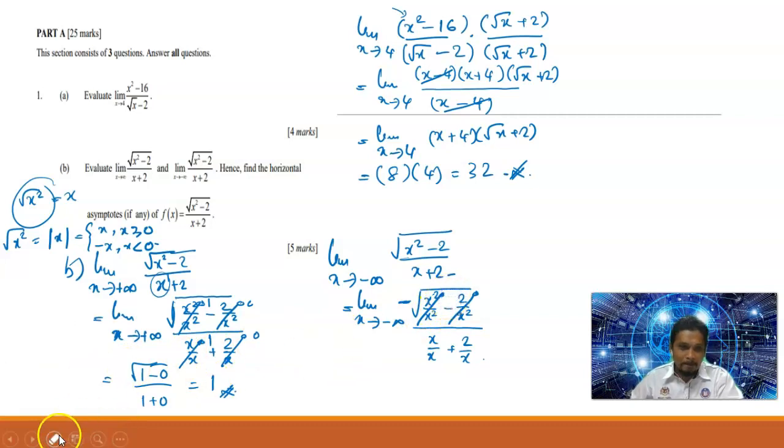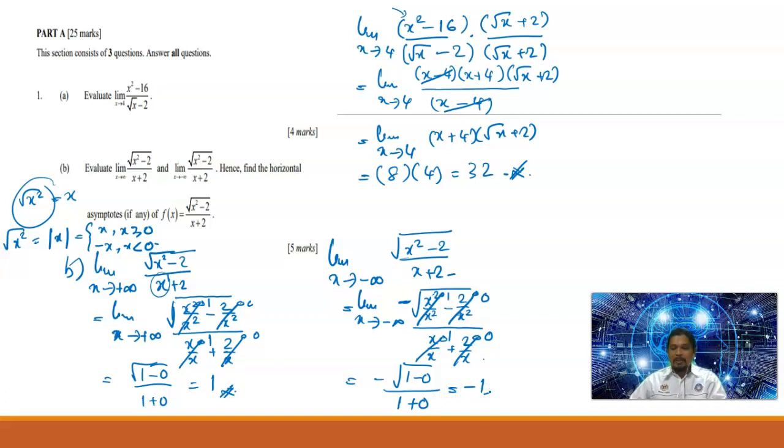This is 1. Okay. This is 1, 0, 1, and 0. So then it comes up with negative the square root of 1 minus 0 divided by 1 plus 0. Then it is equal to negative 1.